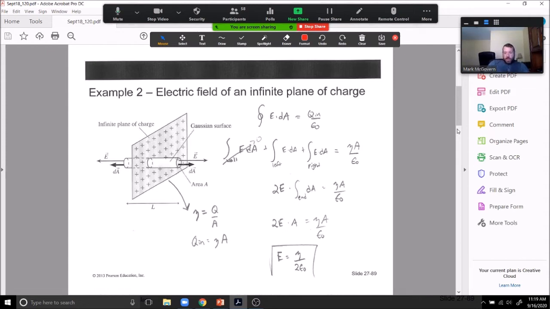All right, let's do it. What's a plane? What kind of symmetry does a plane have? Well, it actually has two types of symmetries. It has cylindrical symmetry, and it also has what we call planar symmetry. So actually both apply here. And we can use a Gaussian surface that is either a box or a cylinder.